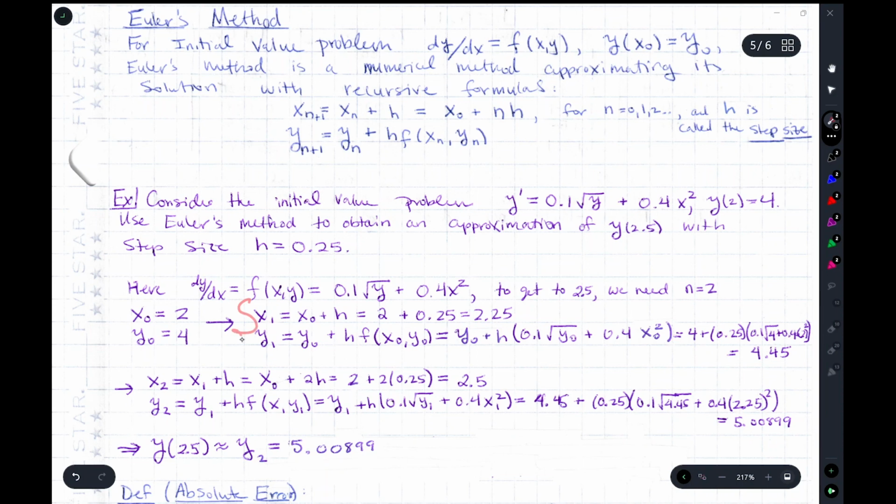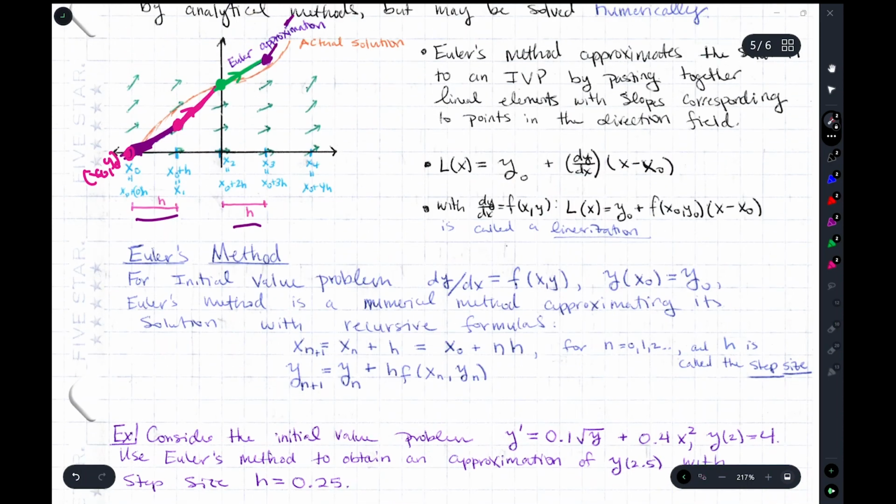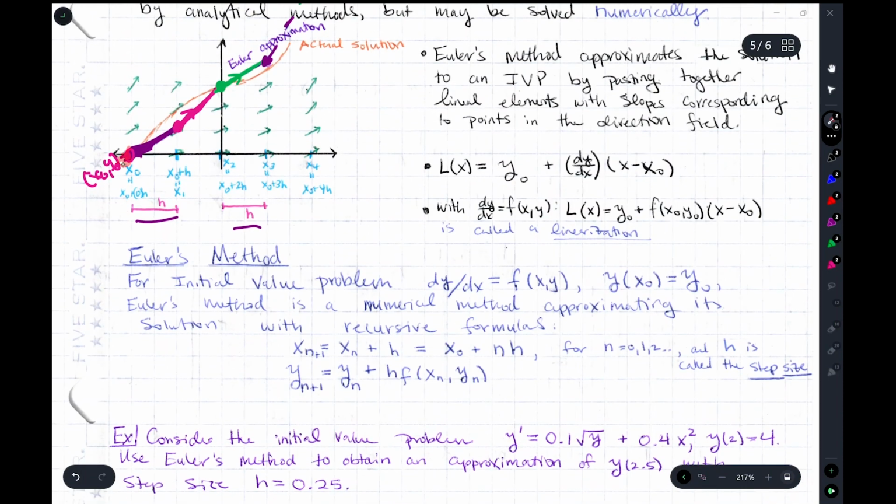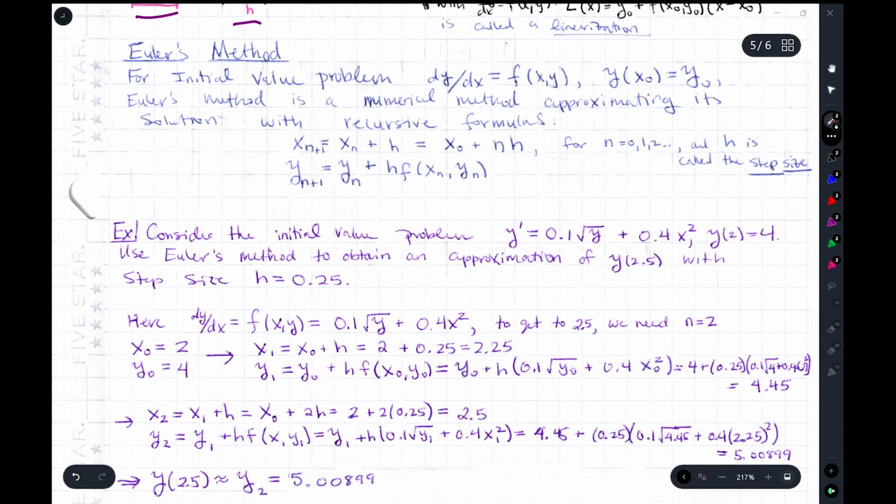So what this step is telling us is at x equals 2.25, y is approximately 4.45. So we started at x naught, y naught, and now we got to x1, y1. That's what that means.